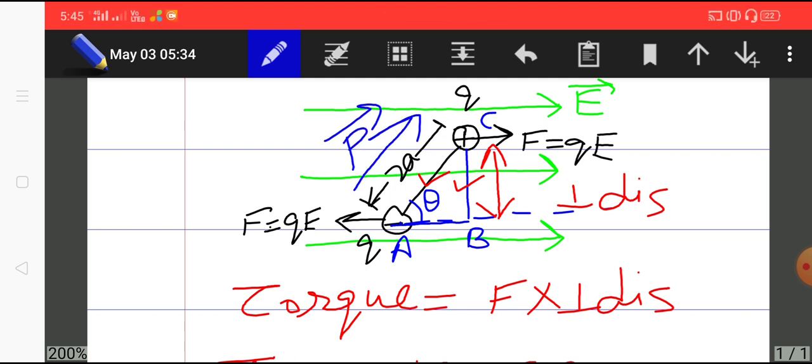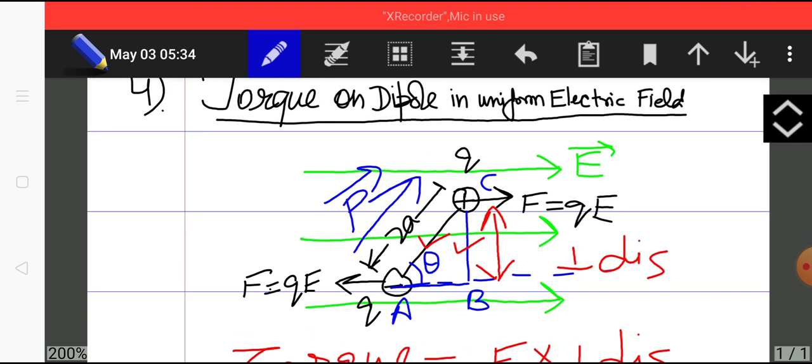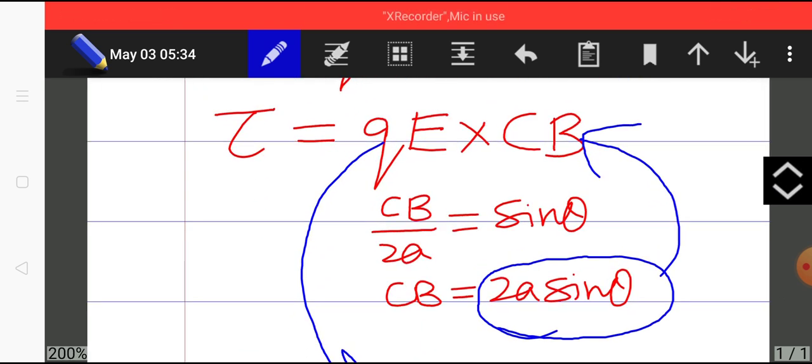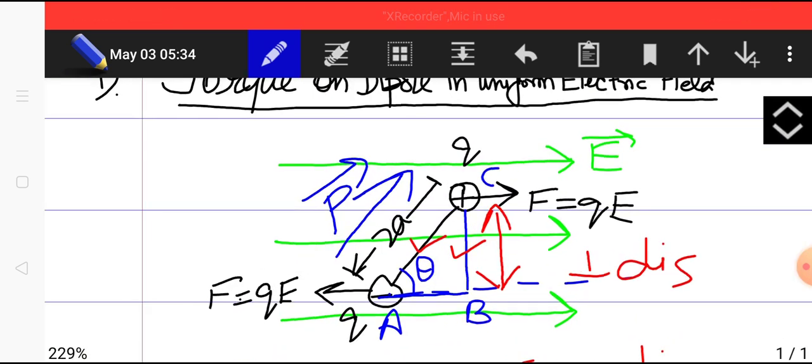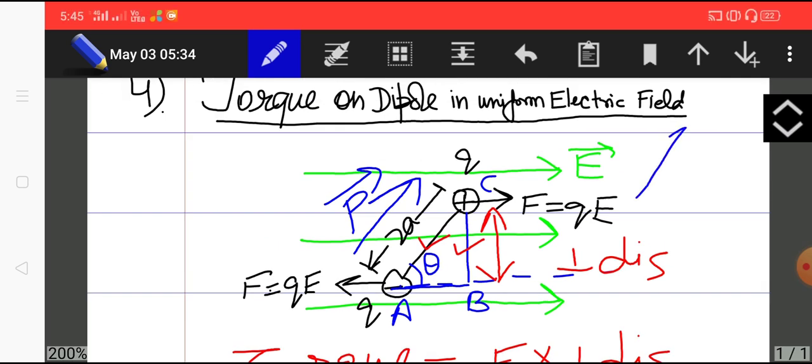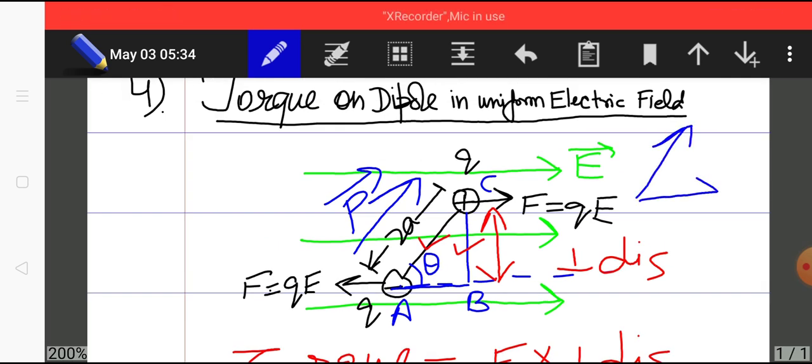The direction of dipole moment is always from negative to positive, and this is the direction of E, which I have shown in green color. So in this diagram you can see this is the direction of p and this is the direction of E. So the direction of torque is p cross E.